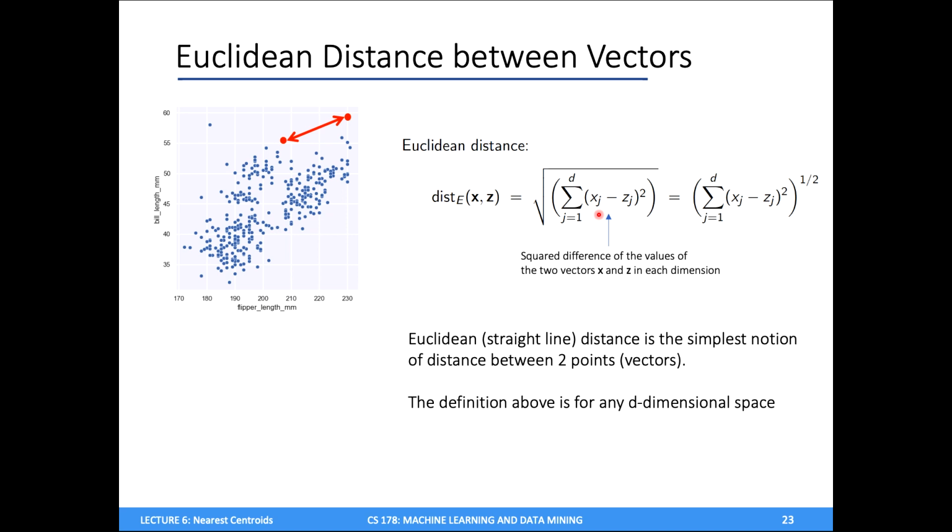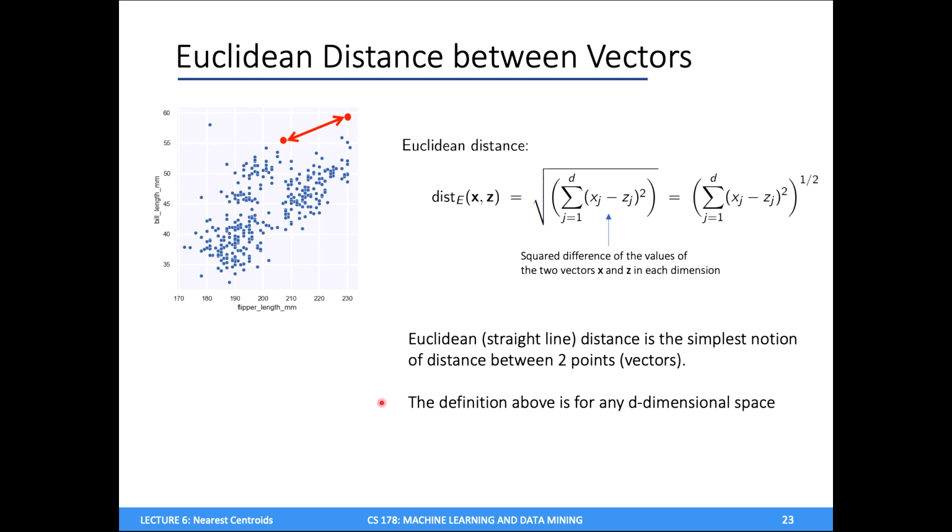To obtain this, I look at the difference between the individual components of these feature vectors. So X sub j and Z sub j are maybe the first component of two vectors. I'll square that difference, sum them up, and take the square root. So this is really just the Pythagorean theorem in disguise. Essentially, we're computing the length of this hypotenuse here in red of the right triangle formed between my two data points. So this is just, again, the usual distance formula between 2 points in our space.